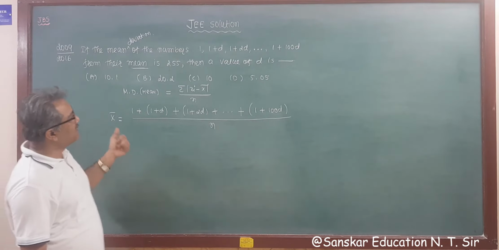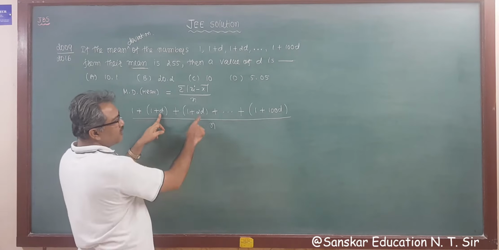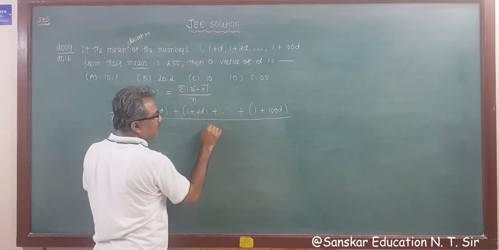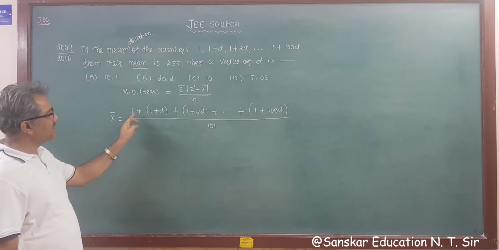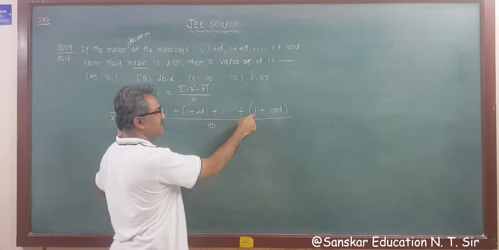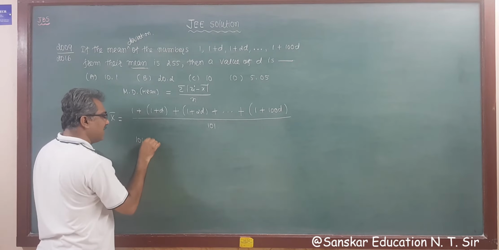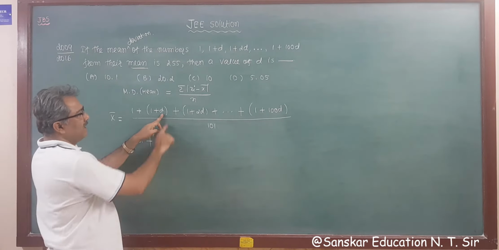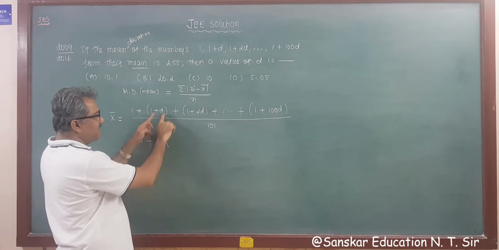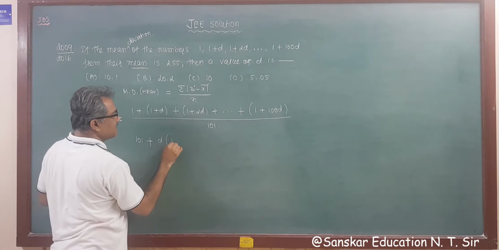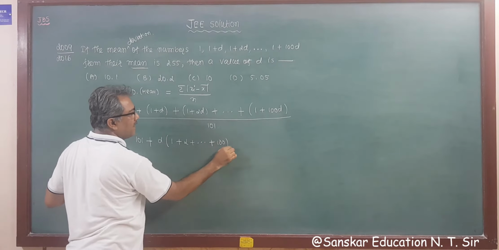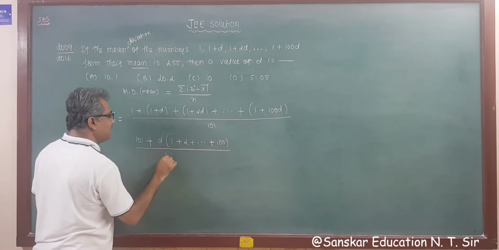Now see here, the observations go from 1 to 100 and then plus 1, so the total number of observations n is 101. So the 1s add up to 101, plus d up to 100d. We take d common, then this is 1 plus 2 plus up to 100, whole upon 101.